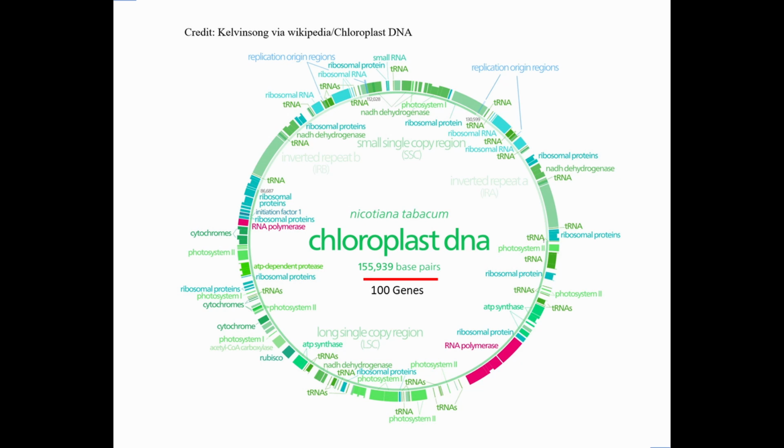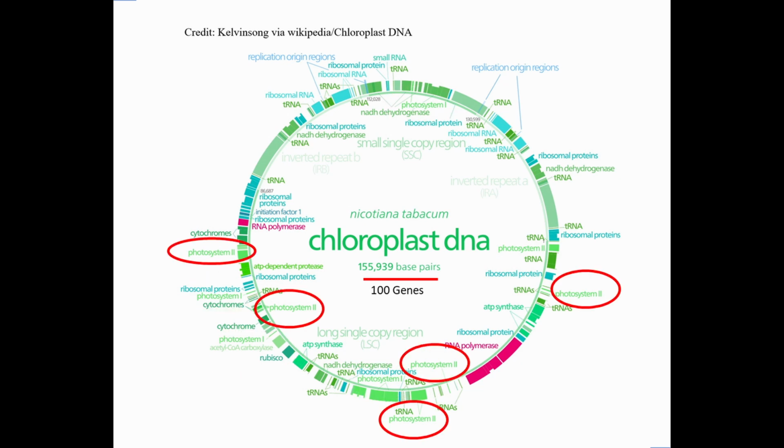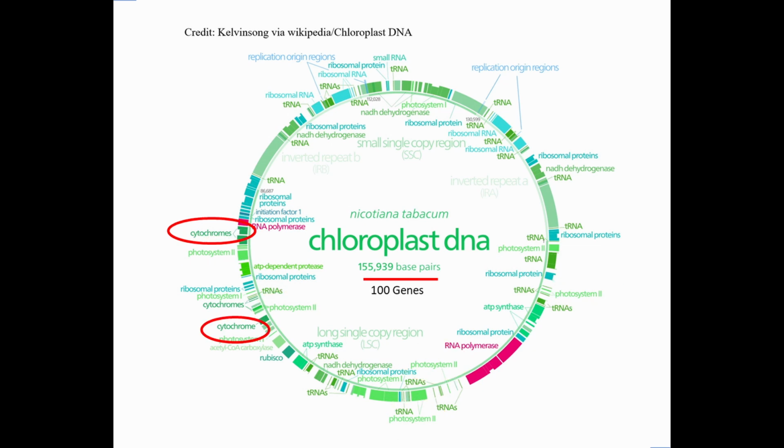The DNA of the chloroplast cannot be broken apart as neatly as the mitochondrial DNA. Still, we can see in the figure that there are sections of the chloroplast genome that can be labeled for its photosynthetic electron chain. There is a gene section coding for photosystem 1 and a separate section for photosystem 2. There is a DNA section for the cytochrome.